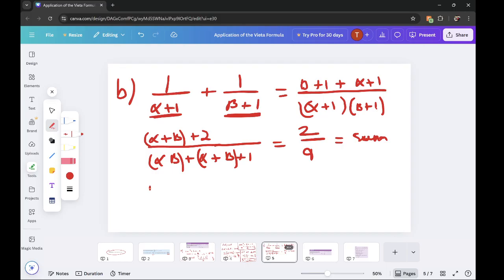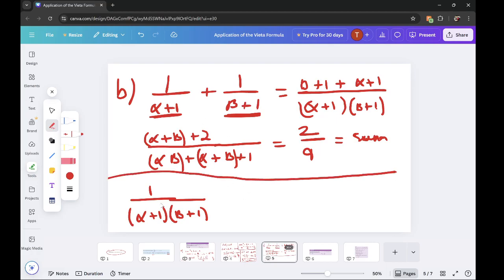Now for products, it's 1 over alpha plus 1 times beta plus 1. Because if these two were multiplied, it would just be 1 over alpha plus 1 times beta plus 1. So once you get this, it's the same thing at the bottom as this. So it's just equal to 1 over alpha beta plus alpha plus beta plus 1.